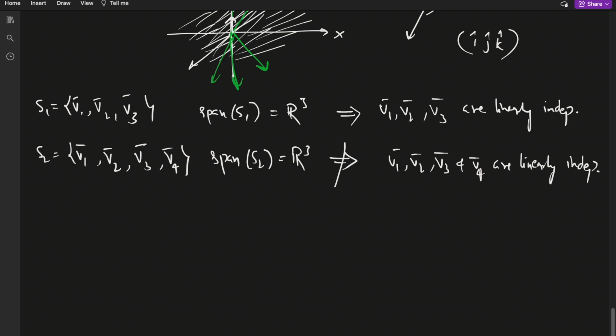Why? Because to span R cube all you need is just three linearly independent vectors, and you have given me four. So that means any one of the vectors is nothing but a linear combination of the remaining three. So this entire set is not linearly independent.